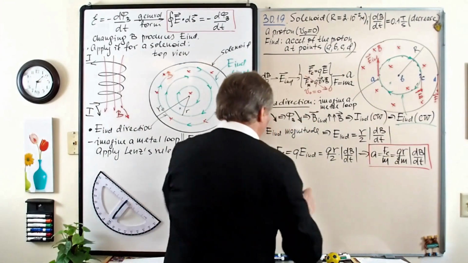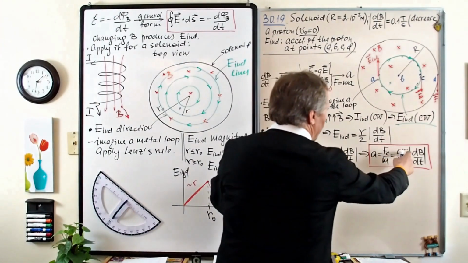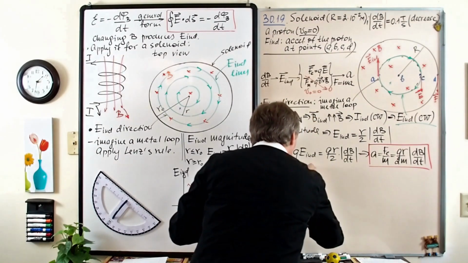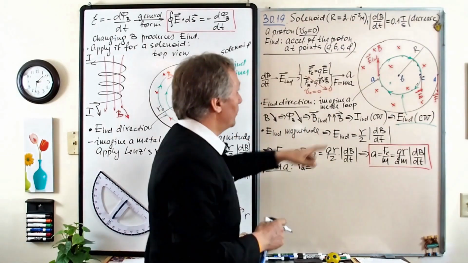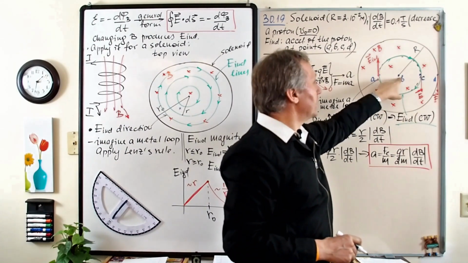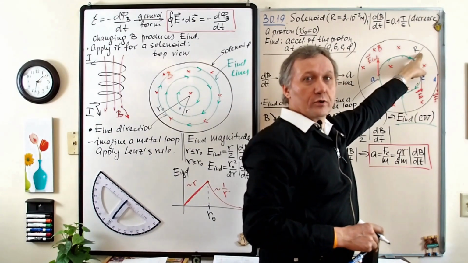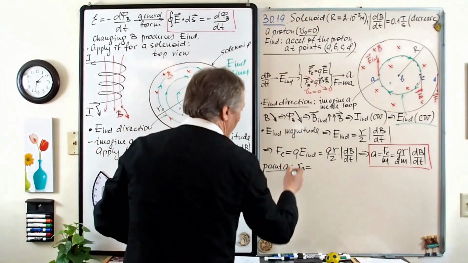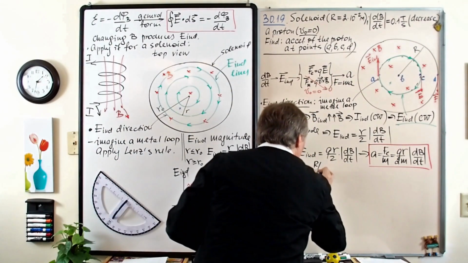So, what is radius r at point A? Point A is midway between the edge of the solenoid and the center, so it's R capital over 2. So R sub A is R capital over 2.